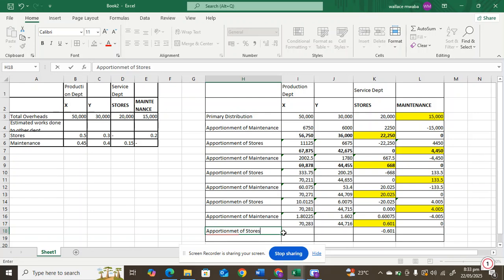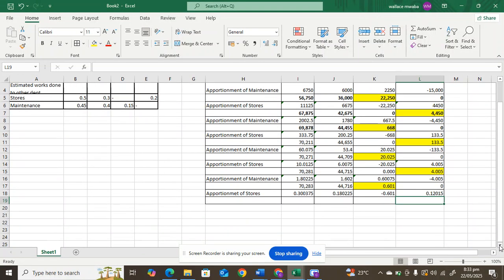Okay, so stores, Department X gets 50% of this amount, 0.601. Department Y gets 30%. So it's a 30% of 0.601, 0.18. Then maintenance gets 20% of this, 0.012.